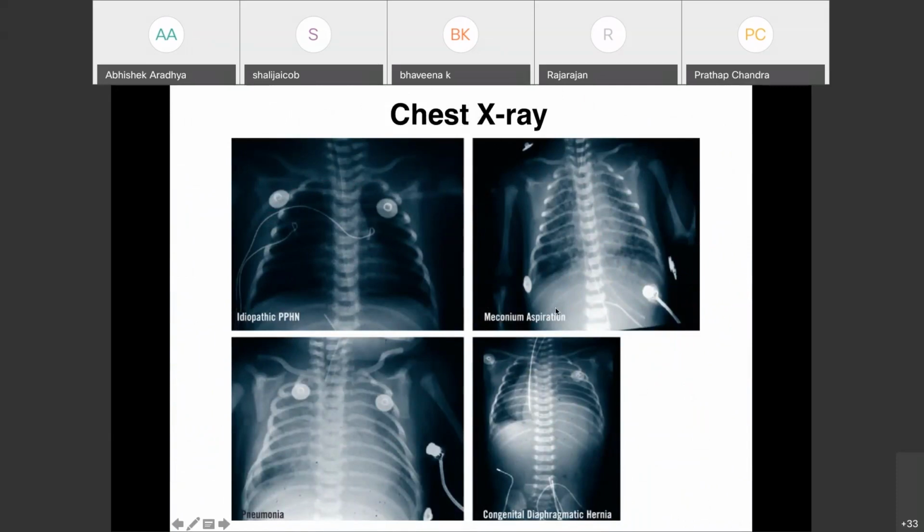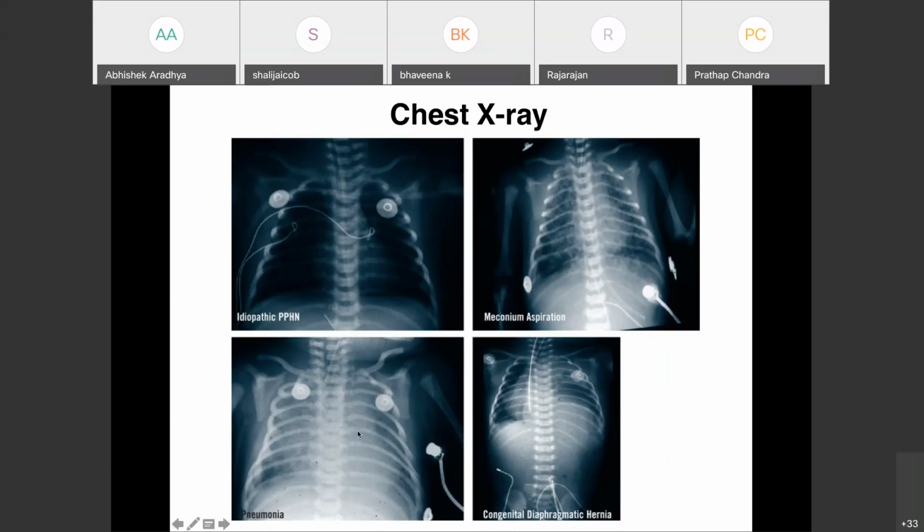The second picture here on the right shows, not ground glass, but patchy opacification on both sides of the lungs, which is typical of meconium aspiration, along with over distension and areas of collapse. Then you have severe pneumonia, where it can involve just one lobe, or it can be viral pneumonitis involving both lungs.